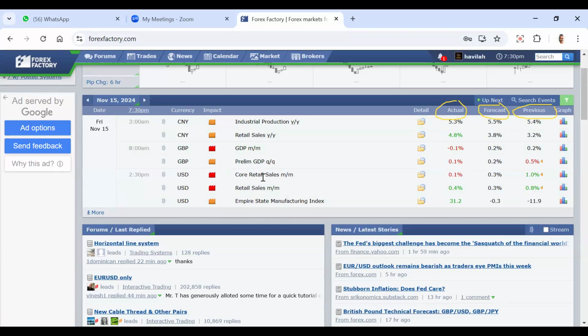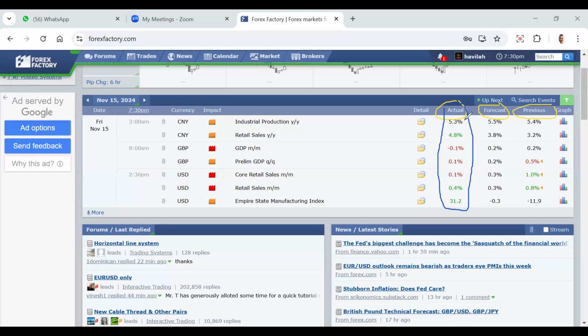For example, core retail sales, the previous was 1%. The analysts gave a forecast of 0.3%. Now, usually this section labeled actual does not always contain anything before the data is released. This whole section normally is blank.